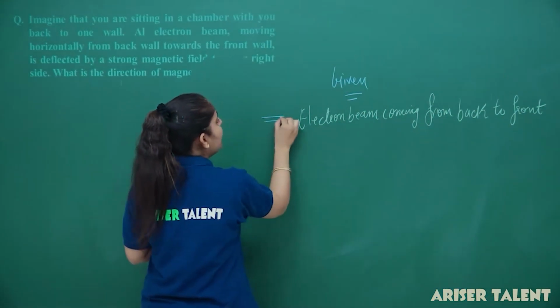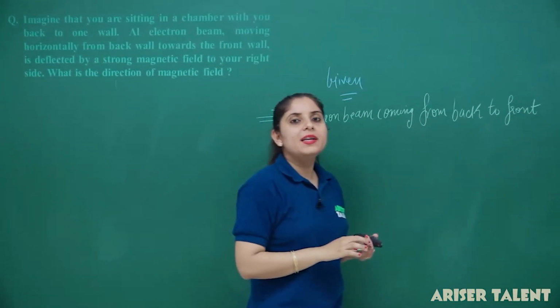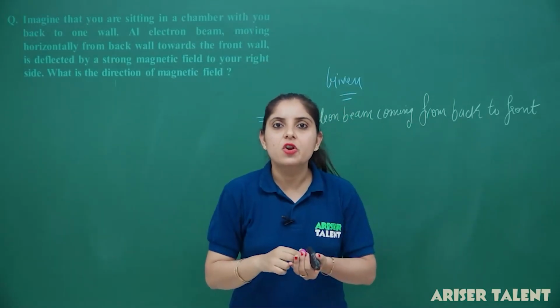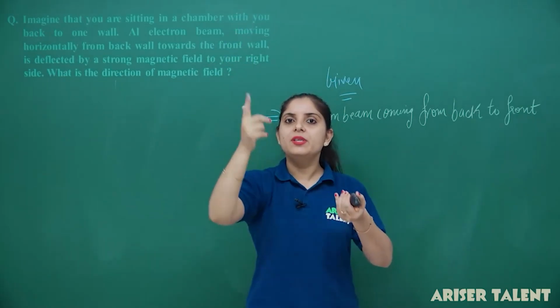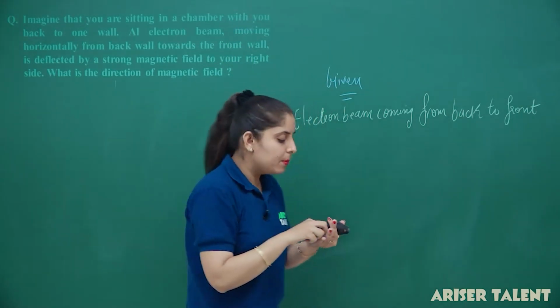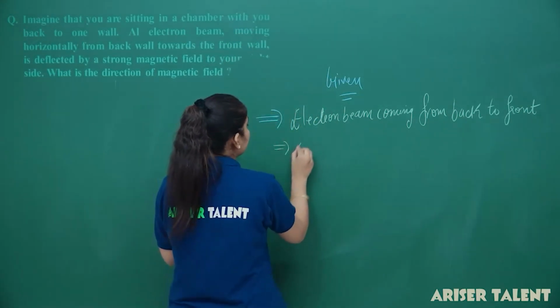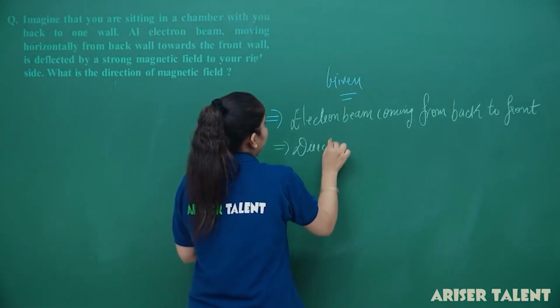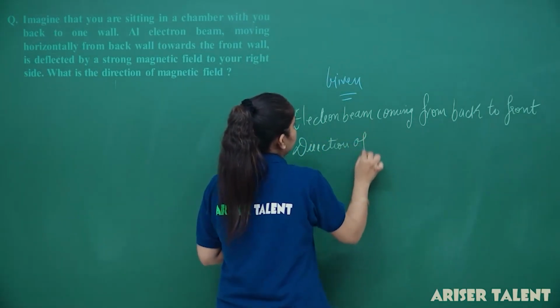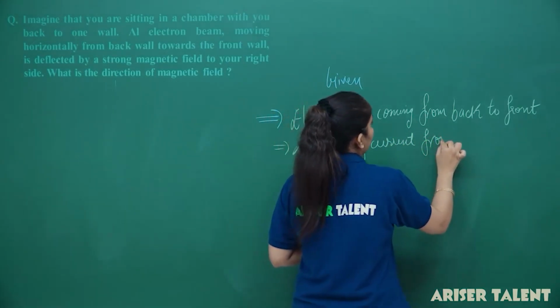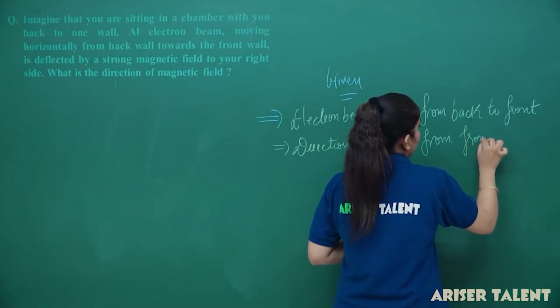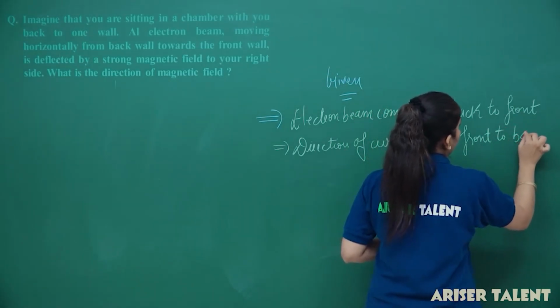If the electron beam is coming from back to front, what will be the direction of current? The direction of the current will be from front to back. It will be just opposite to that of the electron beam. So the direction of current is from front to back.